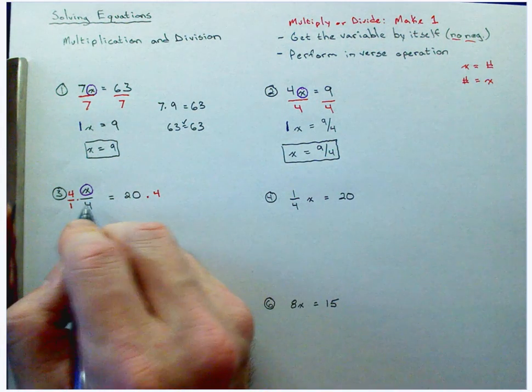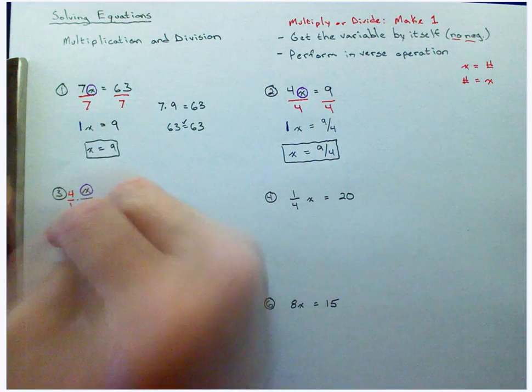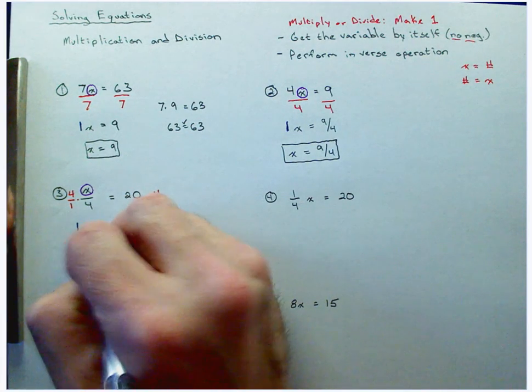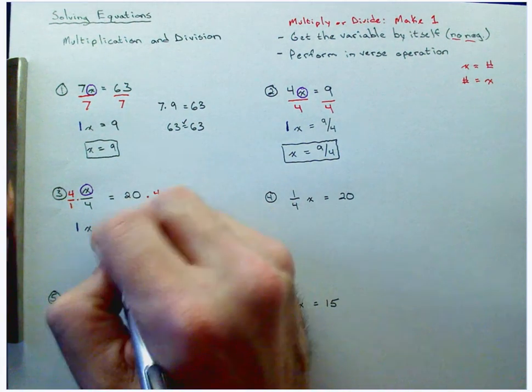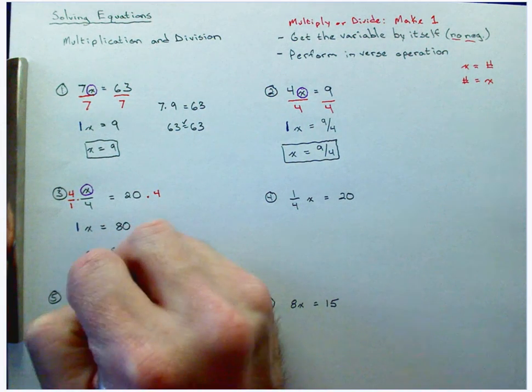My 4's end up canceling, leaving me with the number 1. So there's 1x equals, and 20 times 4 is 80. So x equals 80.